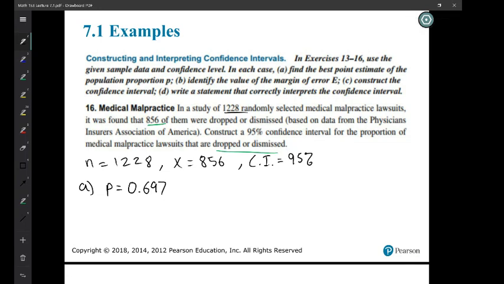B, identify the value of the margin of error. So the error is equal to the upper limit minus the lower limit divided by 2.